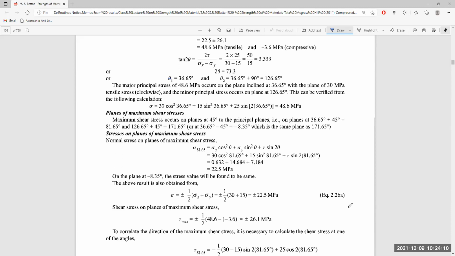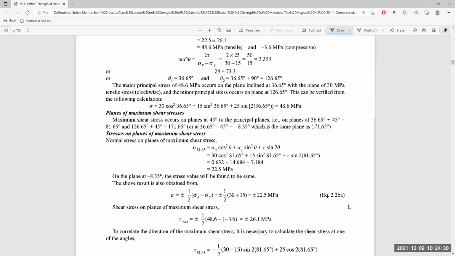Now, let us consider the plane of maximum shear stress. The maximum shear stress generally occurs on planes at 45 degrees to the principal planes. That is on the plane at 36 plus 45, that is 81, and 126 plus 45, 171.